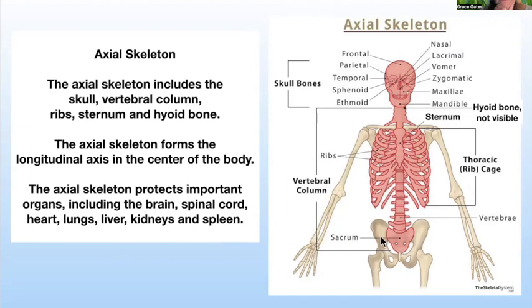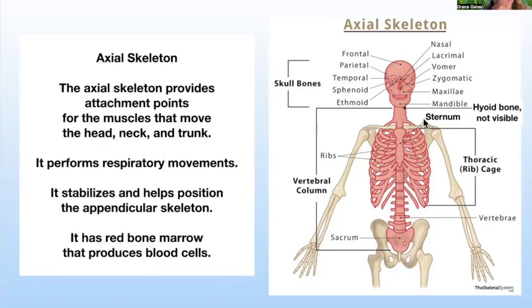So it is just these parts that were mentioned, and its job is to protect important organs, well, one of its jobs, and it protects the brain, the heart, and the lungs. So the three most vital organs are all protected by the axial skeleton.